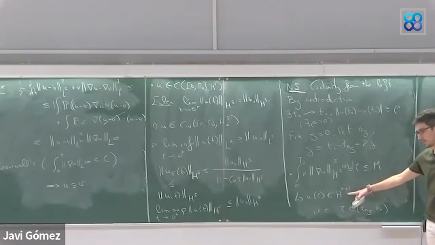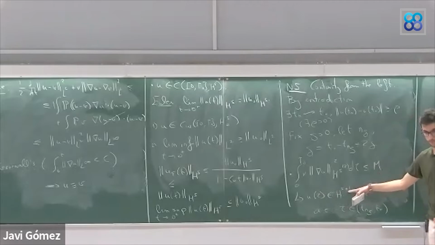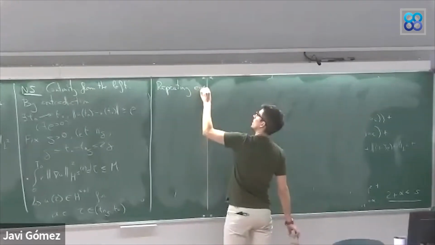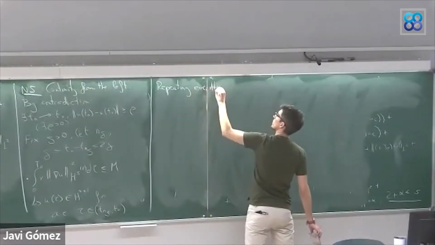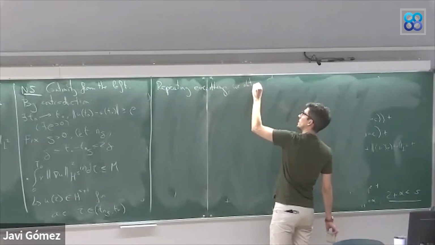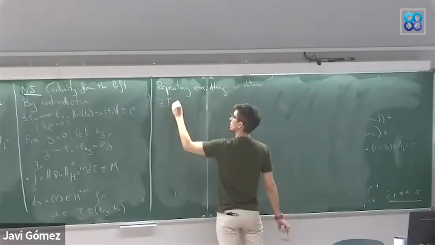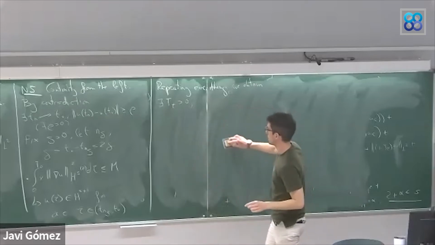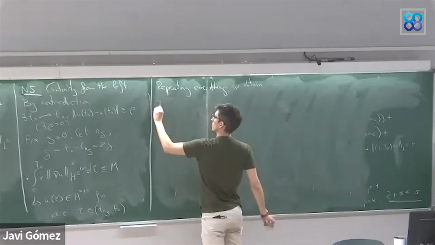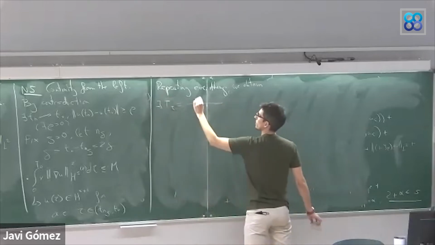Basically, we are starting Navier-Stokes at a time where the initial data is one derivative more regular. So repeating everything that we have done, we obtain a new time, and in particular we know the expression of T tau, like the one before, for example.